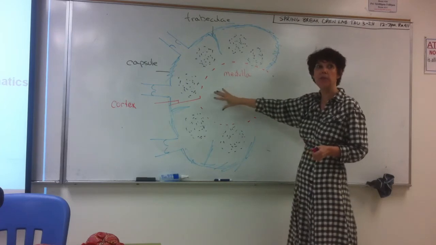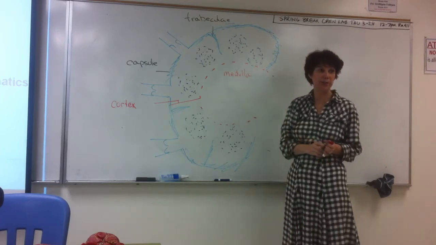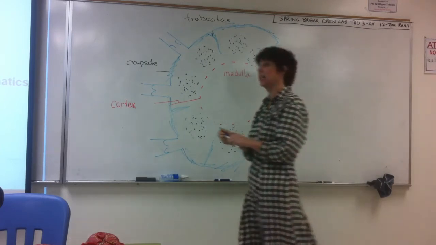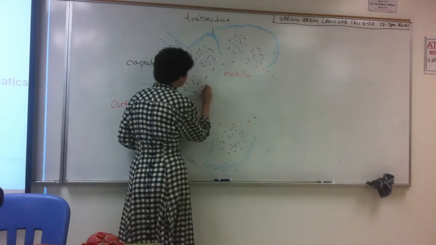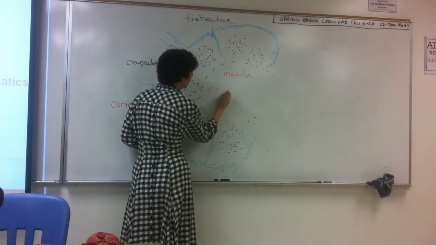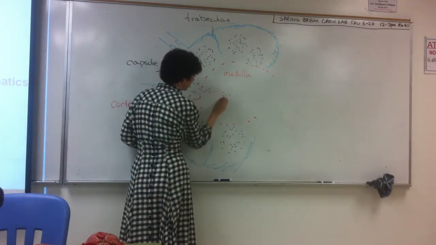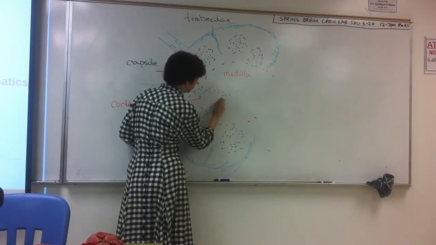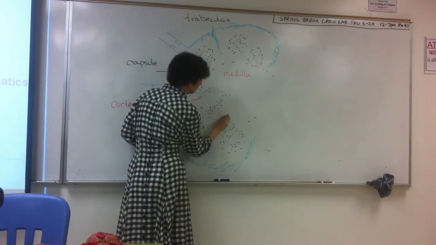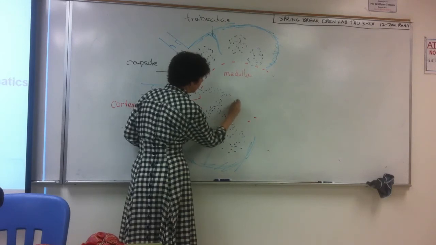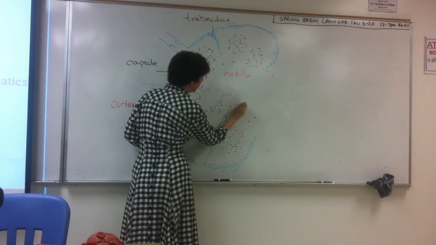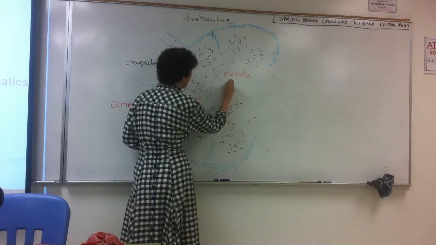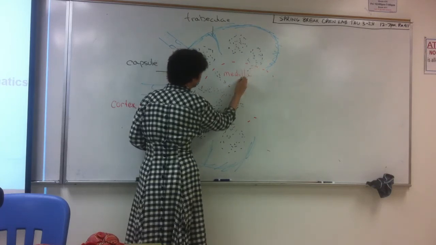Within the medulla, we do not have lymphatic follicles. Instead, the lymphocytes form cords and divide the medulla up into channels known as sinuses.